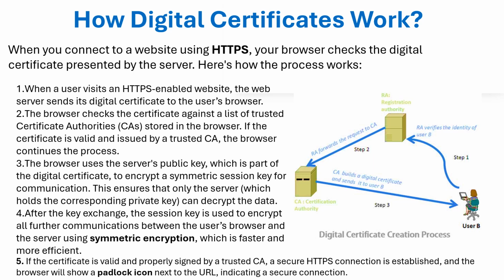If the certificate is valid and properly signed by the trusted certificate authority, a secure HTTPS connection is established, and the browser will display the padlock icon next to the URL, indicating secure communication.